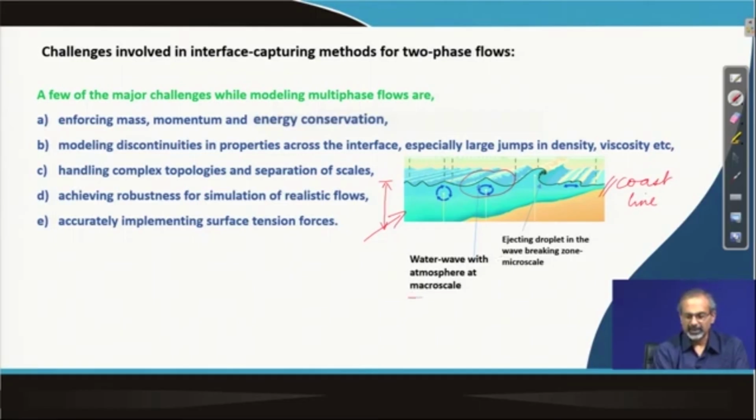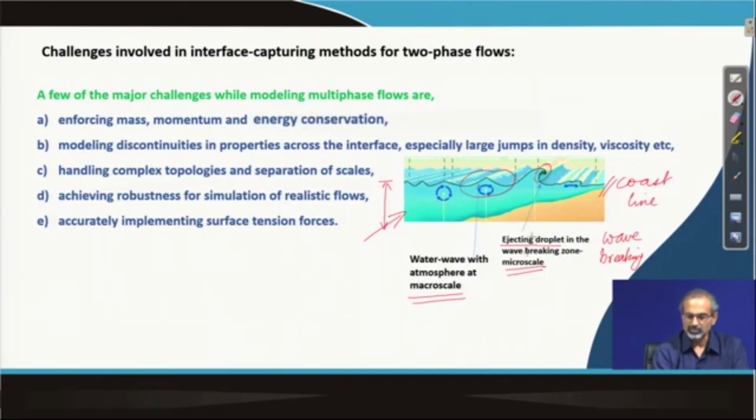So, we have the existence of macro scales here, while the moment the waves come closer to the coastline, there is a tendency of the waves to break. Due to wave breaking, we have formation or ejection of droplets in the wave breaking zone, and that can lead to micro scale formation.